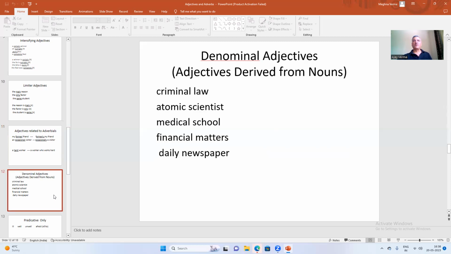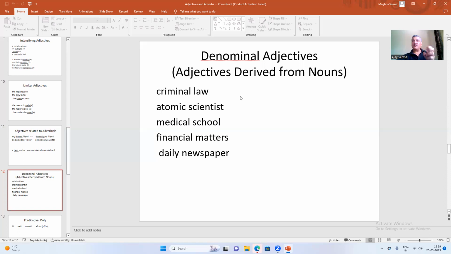Lastly, we have denominal adjectives. These are derived from nouns. So, criminal law, atomic scientist, medical school, financial matters, daily newspaper. In some grammars, they are referred to as classifying adjectives because they classify the nouns.